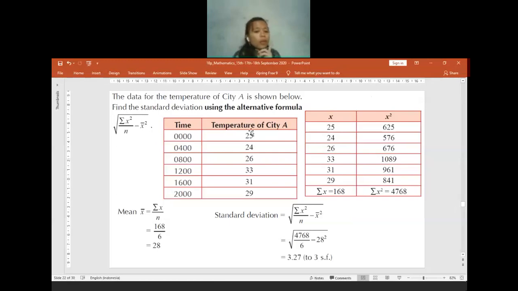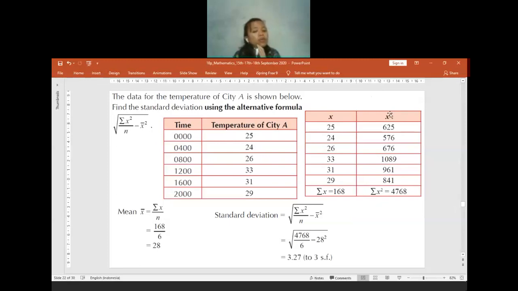For 25, this is the x value, because we are using temperature. So the x value we take from the temperature. The temperature is 25 degrees. We need to find x squared, so we do 25 squared, which equals 625. You do the same thing for the 24 degrees. You need to square it. For the 26 degrees, and the 33 until 29 degrees, you have to square all of them.